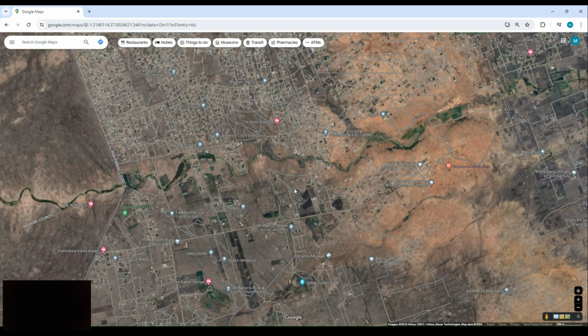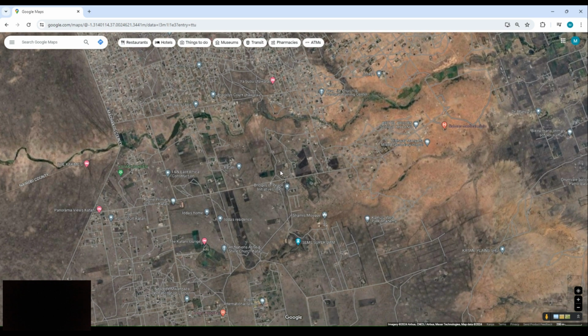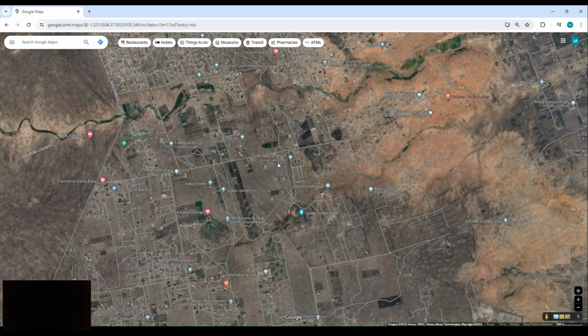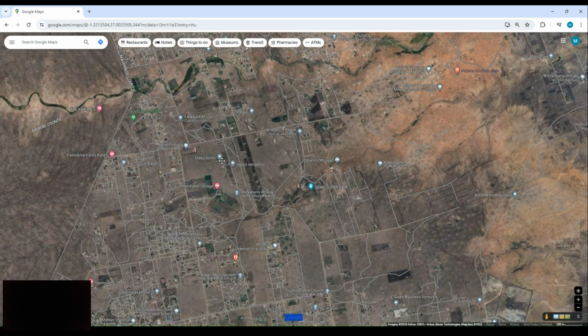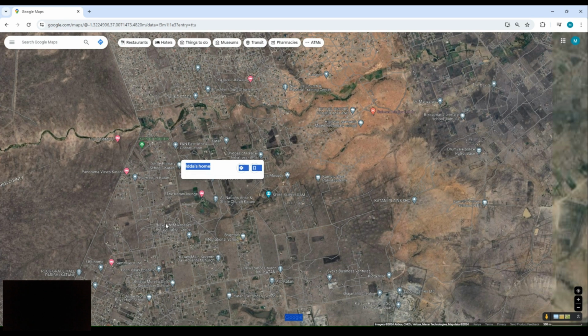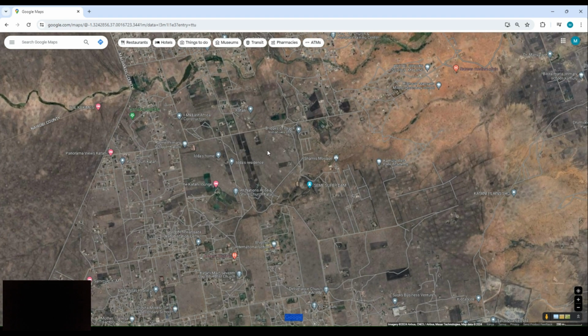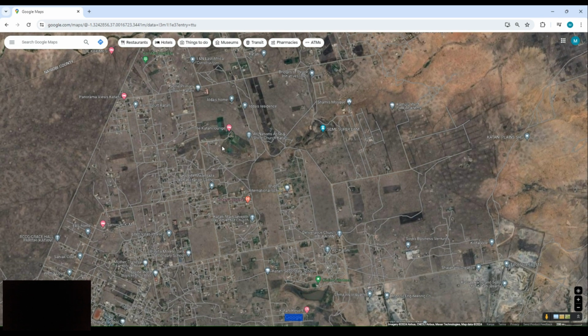Okay, and even if we go deeper into the Katani area, you'll actually see that there is a lot of flooding that happens around this area.